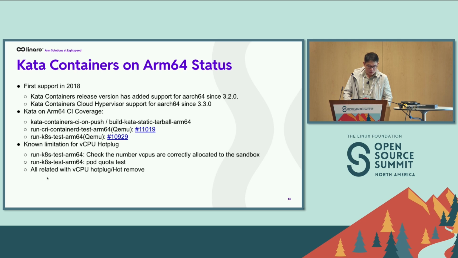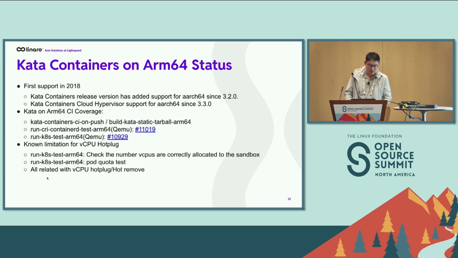We have also added some CI coverage here, for either the building CIs for the tarballs regarding Kata and its corresponding different components. Because we know Kata is a middleware, it also needs the guest kernel, guest firmware, the Kata runtime, and you also need to configure containerd, the CNIs, and something like that.